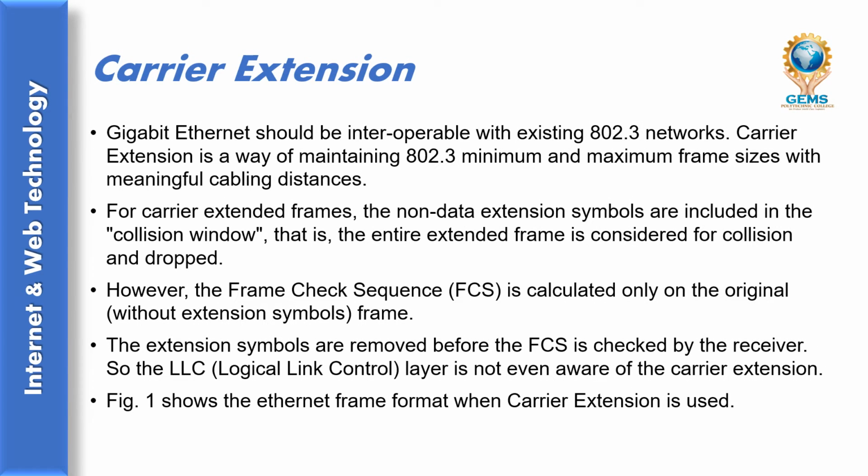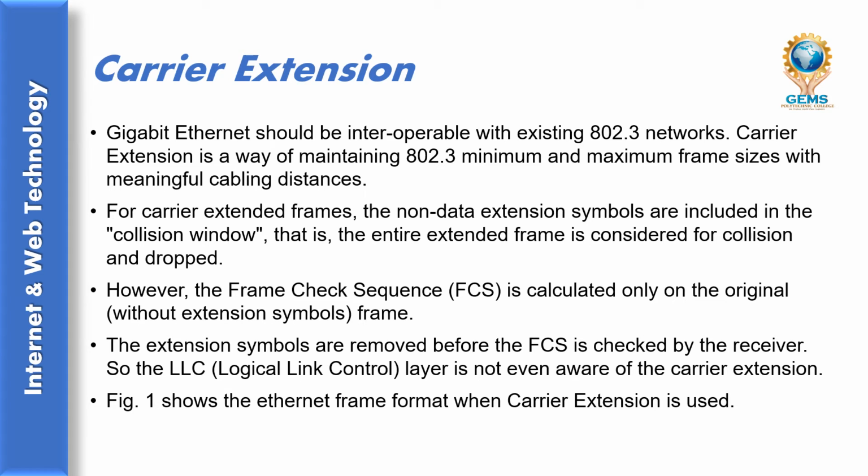What is that? Gigabit Ethernet should be interoperable with existing 802.3 networks. So the carrier extension is a way of maintaining 802.3 minimum and maximum frame sizes with meaningful cabling distances. For carrier extended frames, the non-data extension symbols are included in the collision window.